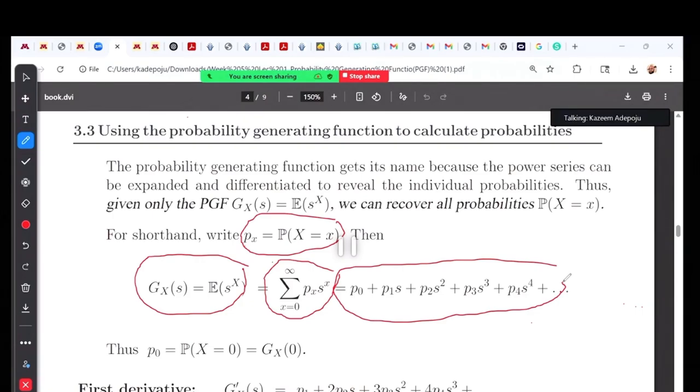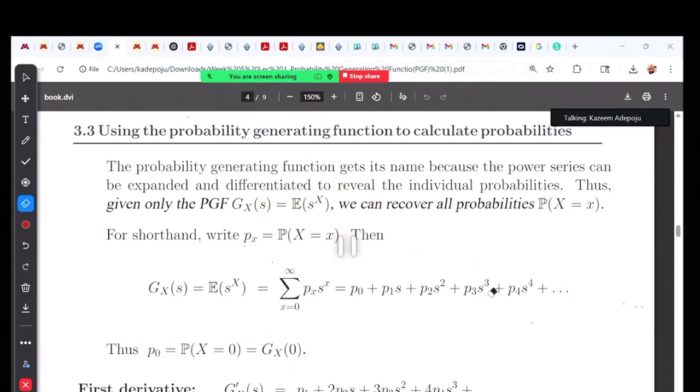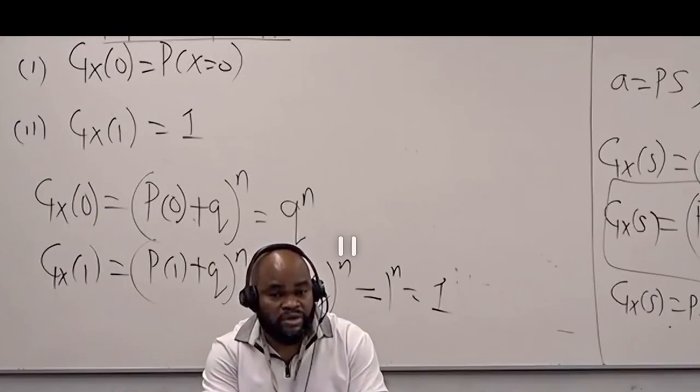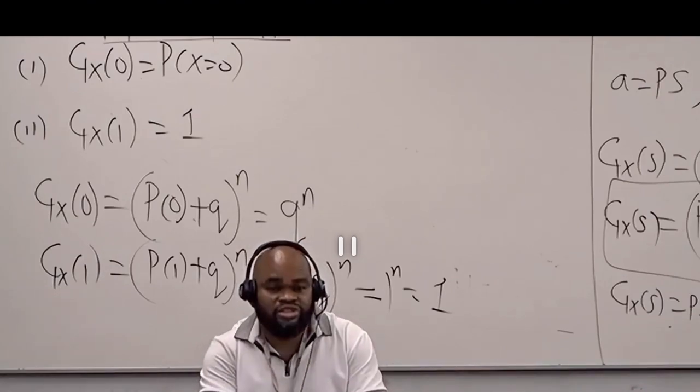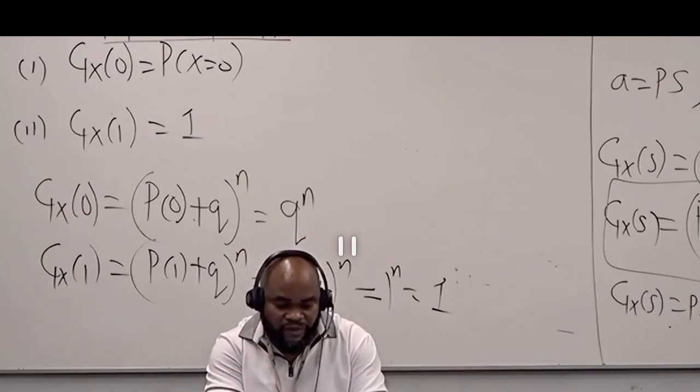And I told you, when we plug in 0 for s in the probability generating function, that will give us the probability of X equal to 0. Now, can we have a way to derive the mean and variance from any given probability generating function? Yes, just like what we did in the moment generating function.